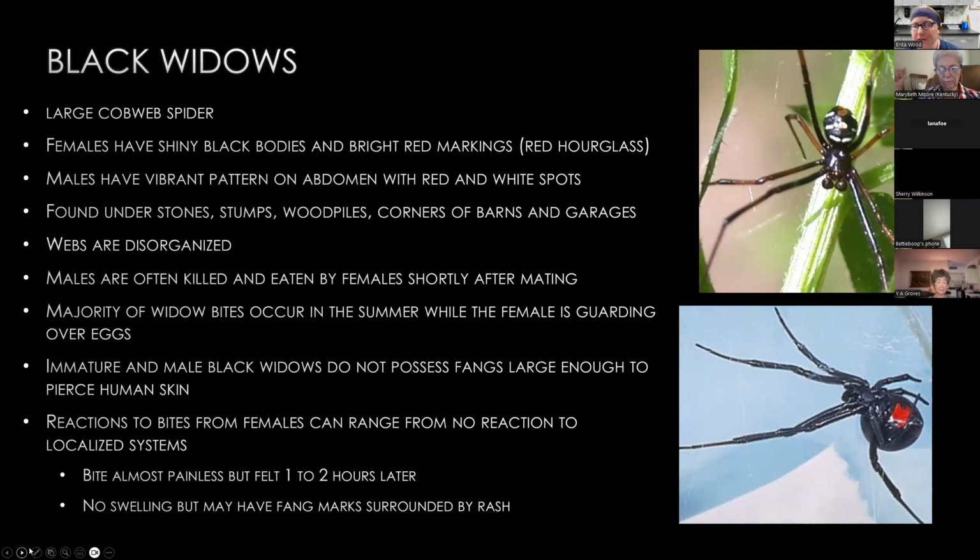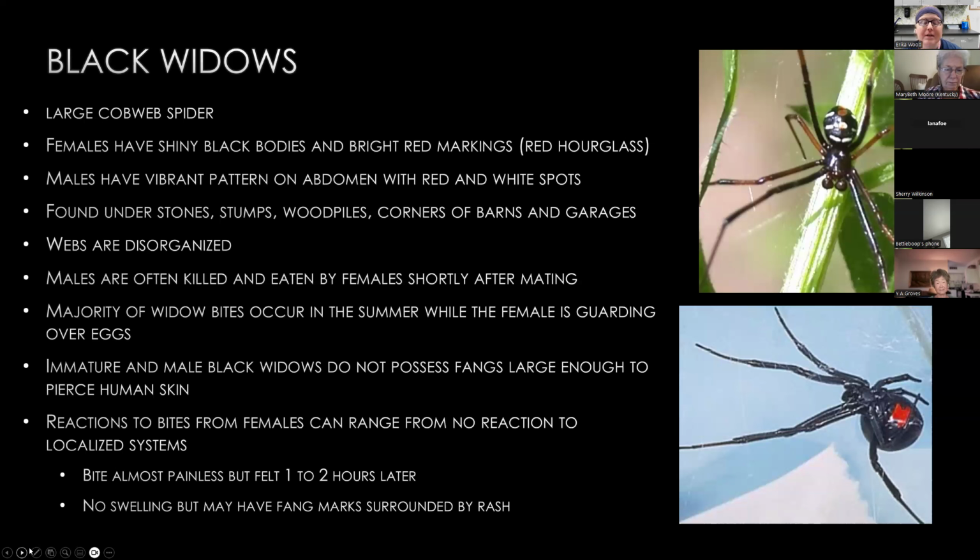Generally, any other time of the year, that's not the case. So this is where it's important to understand the life cycle of your spiders and know when they're going to be more common, or when they're laying their eggs, because they may be a little bit more territorial, if you will.